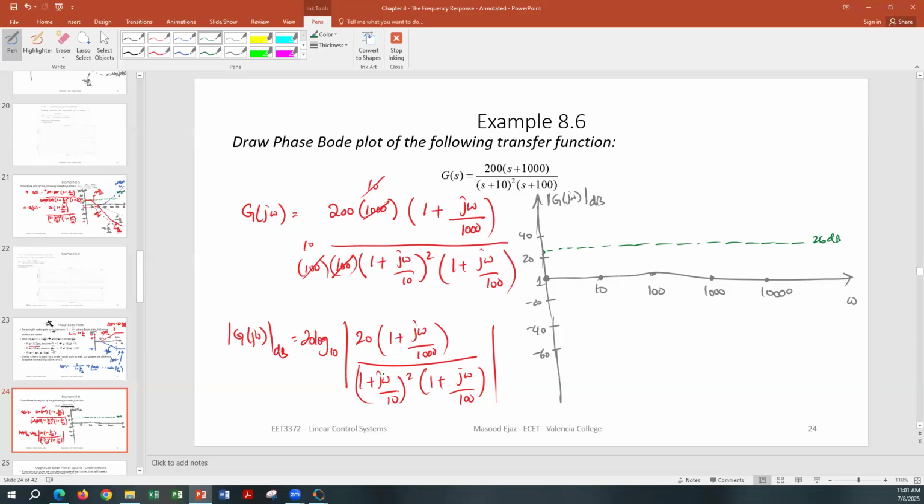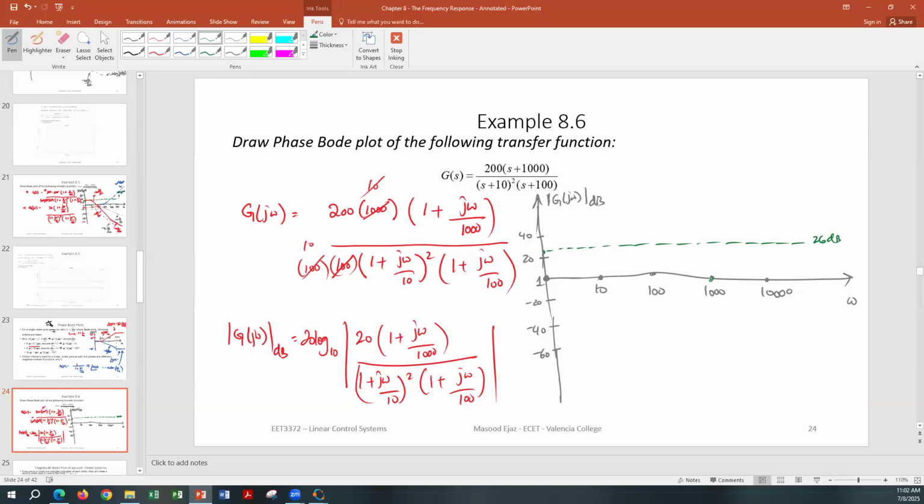All right, you have only 1 zero, and then you have 3 poles. That 1 zero that you have, how is it going to behave on the Bode plot? Who's going to tell me? 0 until what frequency? 1000. 0 until 1000, and it's going to increase by 20 decibel per decade.